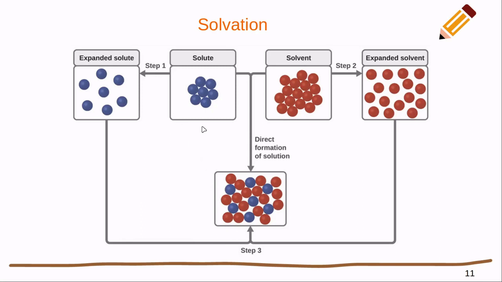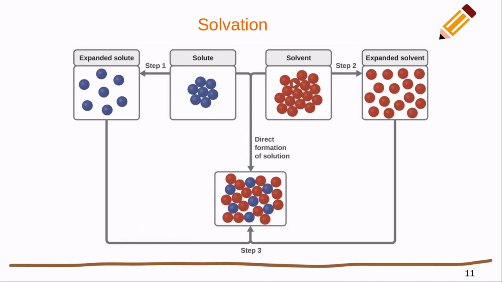Okay. So if you think about it, if we had them in 2 separate beakers, I have my solute here, I have my solvent here. The first thing I need to do is break this solute up so that it is evenly dispersed. The second step is that I need to break these guys up so that they're evenly dispersed. And then when I put them together, I form these new attractions between the different species.